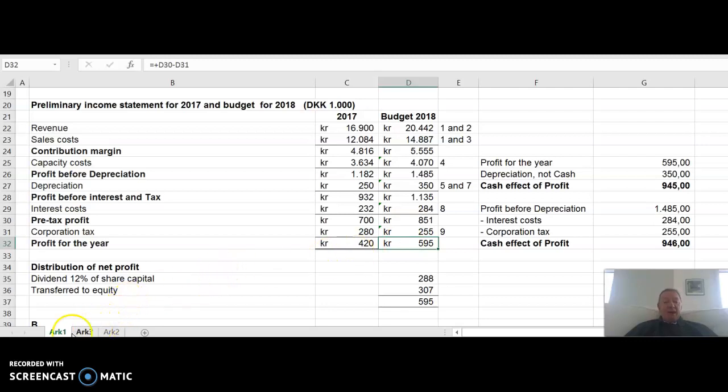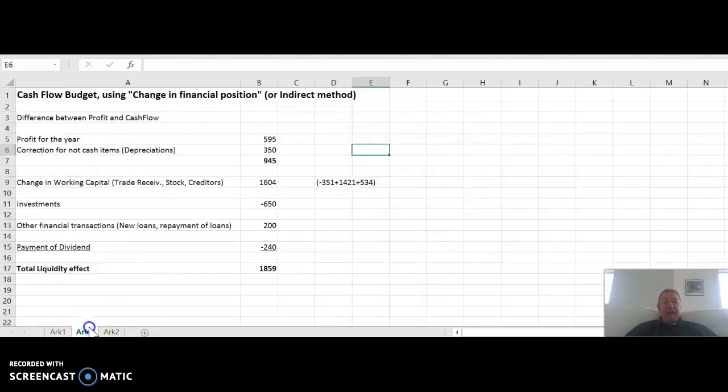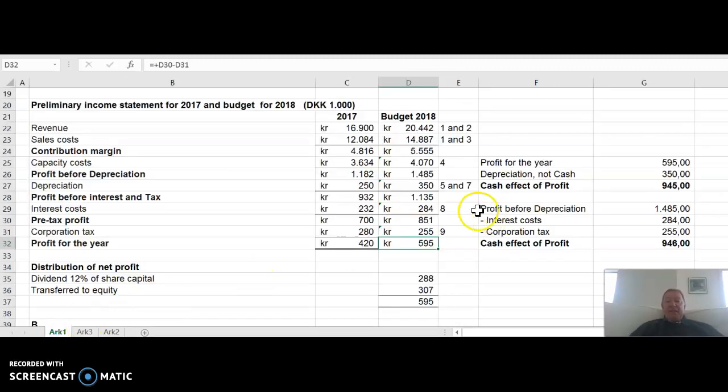So why don't we start, as sometimes people do in other books, with the profit of the year, 595? But this 595 is after depreciation.